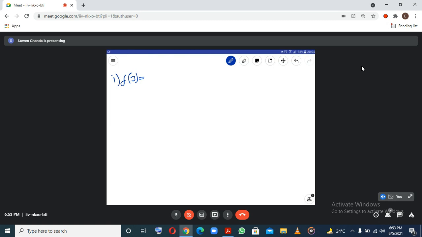Because it's got the part for greater or equal to. You always go for the function which has the equal to for that particular value which you want to plug in. So here we're going to use the third equation. So you plug in 3, and that's going to be 6 plus 5, so that's 11.